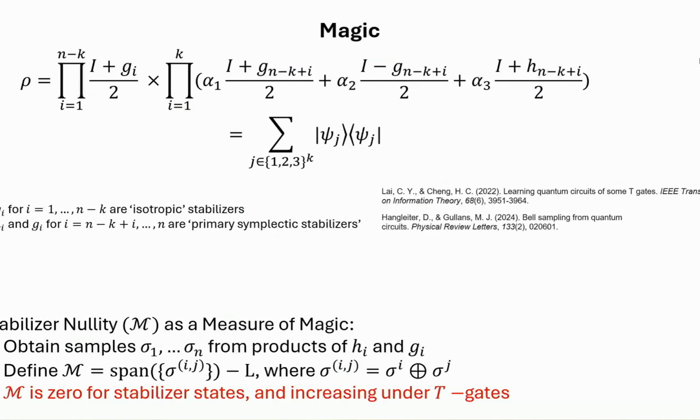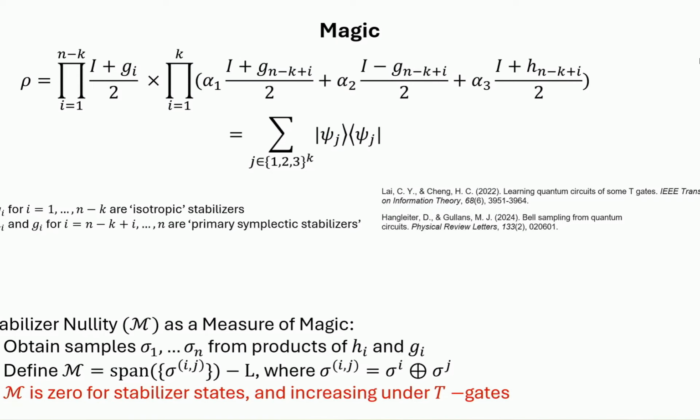And so the idea is you want to use these Bell samples that you get in order to characterize the magic, or how close it is to a stabilizer state. You have these samples, which are generators of some space. So you take all the possible products of these samples, and you look at the dimension of the space.